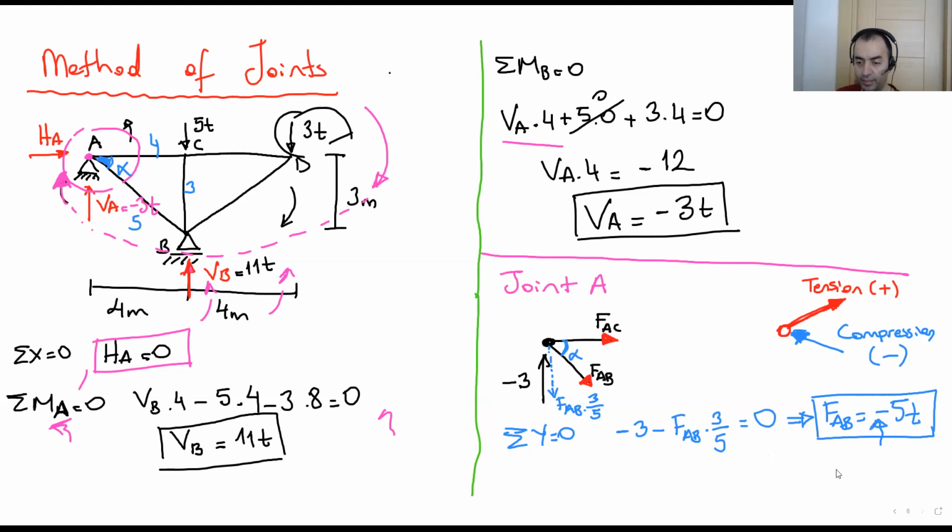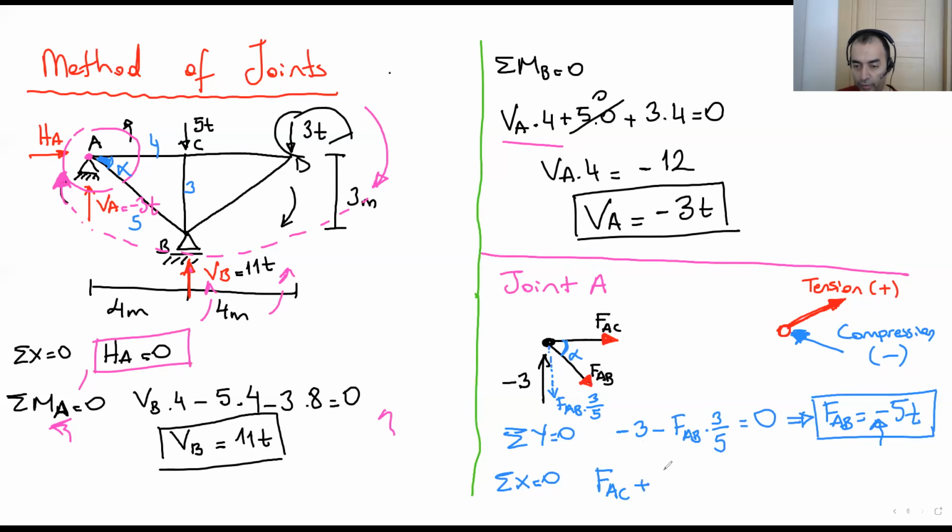Okay, let's do the total x is 0 for this joint. Here, what we have in the x direction, I have FAC, and also I have FAB times cosine alpha.